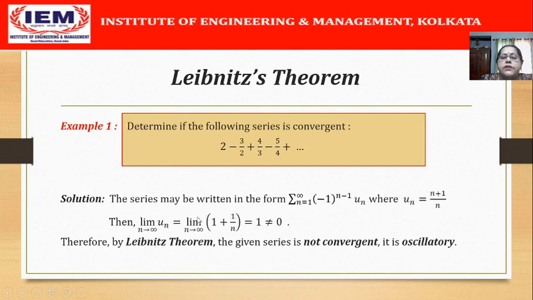Now as we take n tends to infinity, 1 by n goes to 0, so this is nothing but 1. Therefore, of course, this is non-zero. And if it is non-zero, we can conclude from Leibniz theorem that the series is not convergent. And as we have already said, in this case, it is going to be oscillatory.